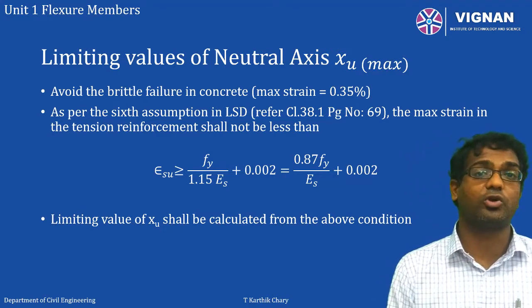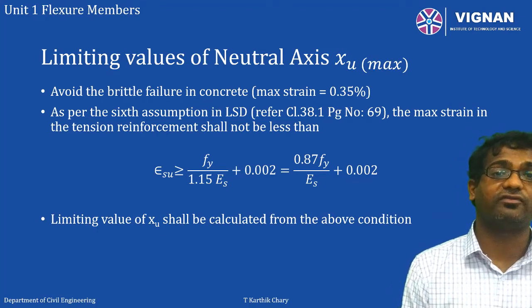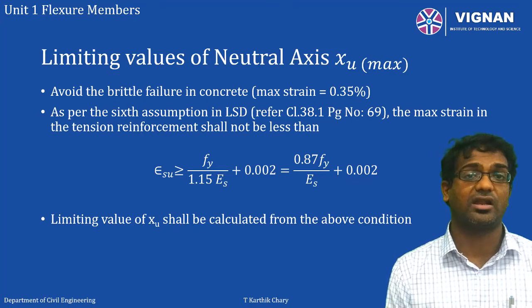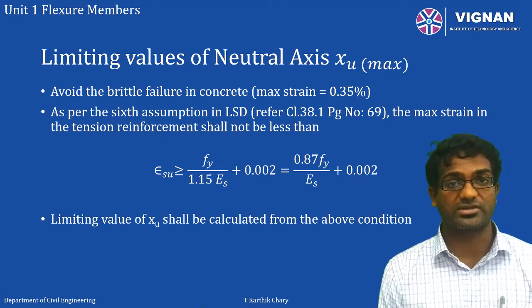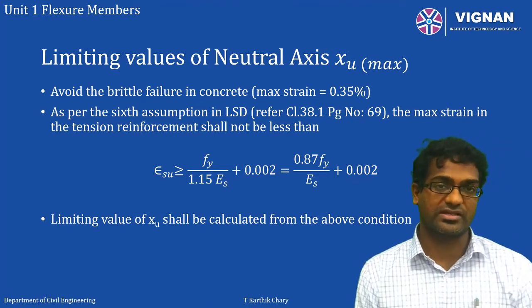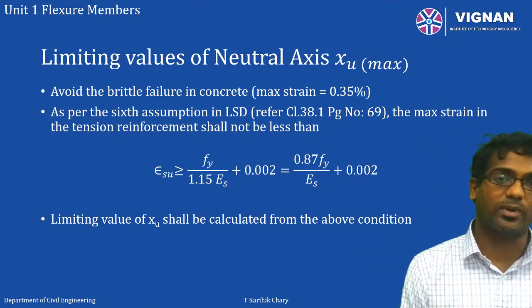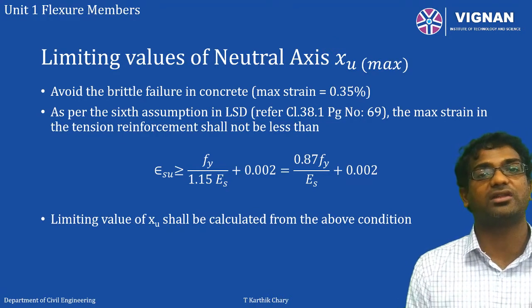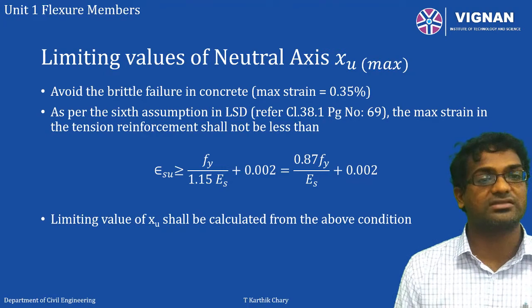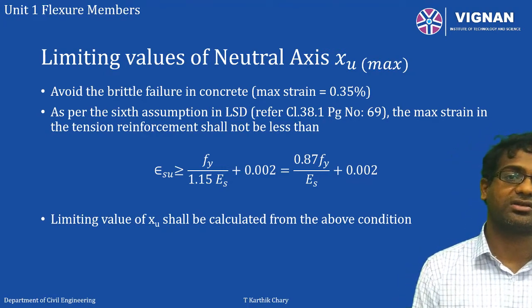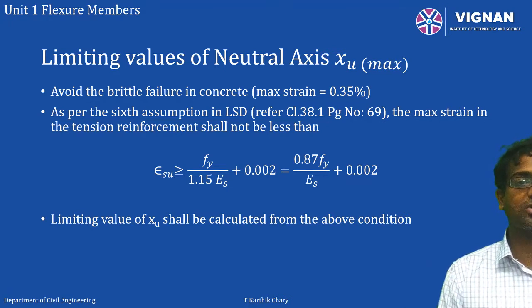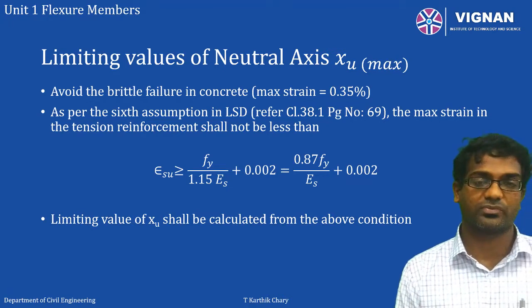On the contrary, if you do not, the concrete will fail first, as concrete is a very brittle material, the entire structure will collapse and there will be a huge loss. So it is recommended by IS 456 that you should always ensure that the ultimate strain in the steel is greater than this, as said in the equation, which is 0.87 fy by Es plus 0.2%.